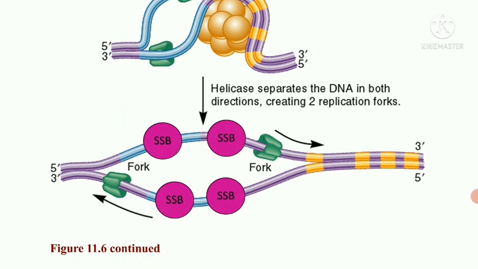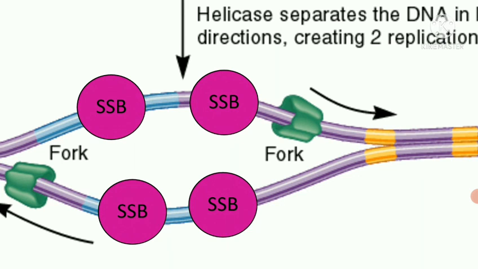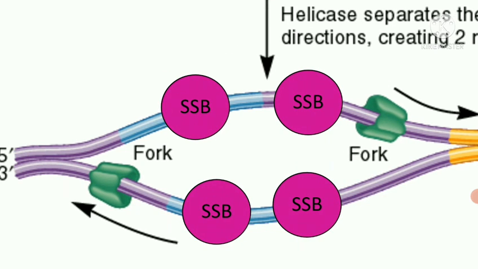See, this is one helicase, this is another helicase, both in the two directions. So this is the replication fork, and when the separation of the two strands creates single strandedness, this is somewhat unstable.